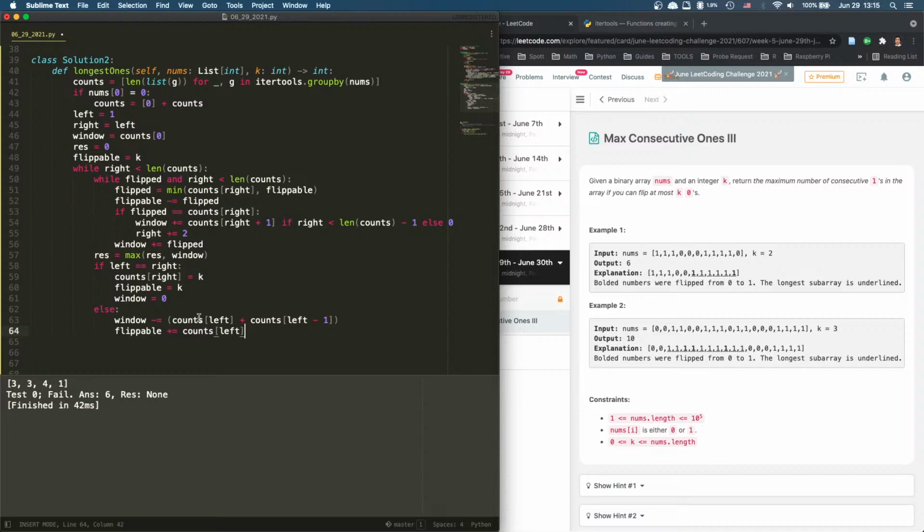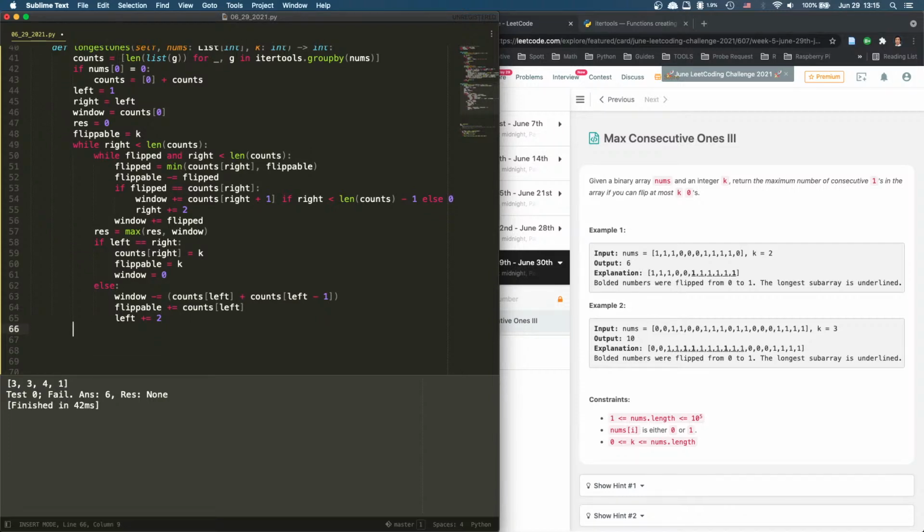And how about left? Well, left gonna go to left plus equal to 2. So left gonna move 2 steps forward as well. That's when these are not the same. And then when we get out, going back, keep going until we return res. Alright, let's try this one.